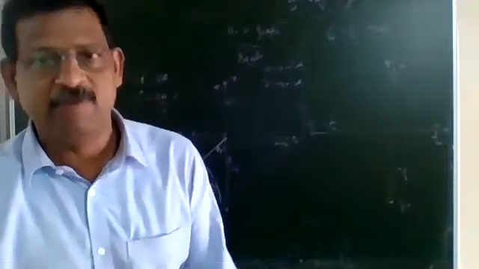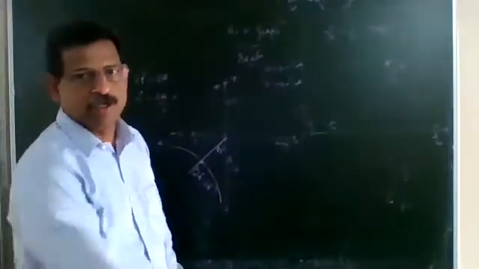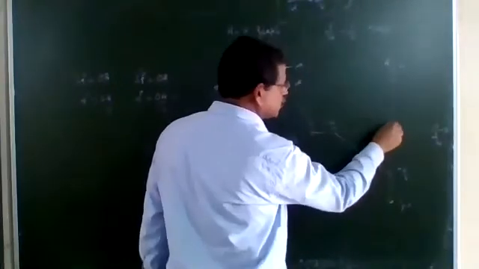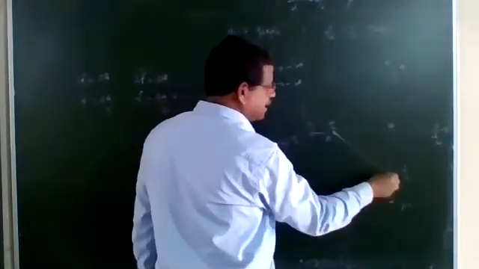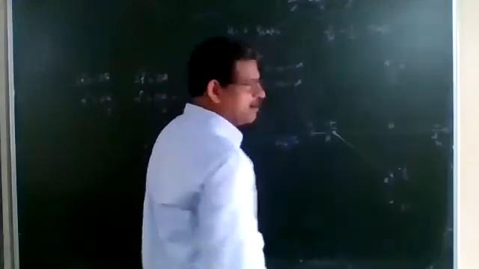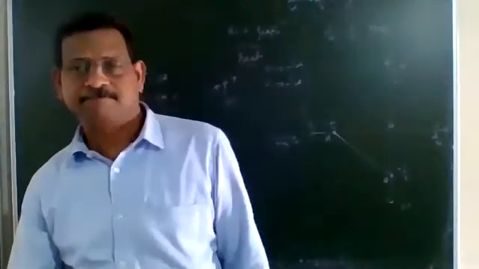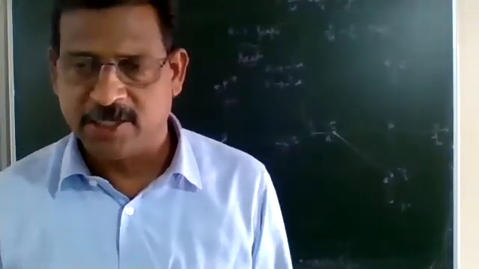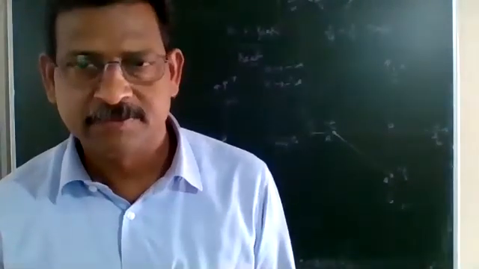The 1 by u, 1 by v graph is a straight line touching the x and y axes. These are the coordinates A and B, so you can have intercepts.